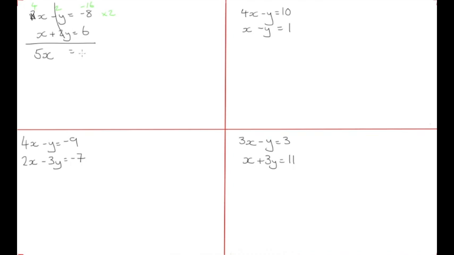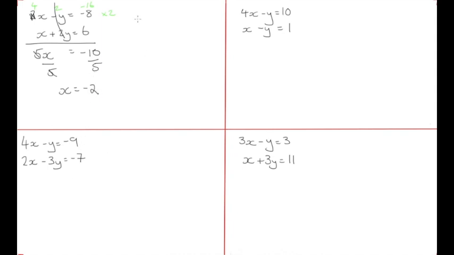So that would leave us with minus 10. And then I want to find out what x is, so I divide both sides by 5. So that will tell me that x is equal to minus 2, because a negative number divided by a positive number will give you a negative answer.